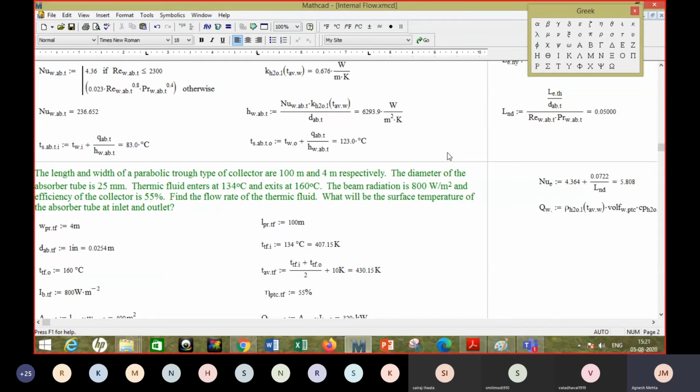Ideally, if the heat transfer coefficient is infinite, then the surface temperature also would be 134 and 160, but that can never be the case. If your h value is high, then the difference will be smaller. The tube will not get heated too much, but if your heat transfer coefficient is low, accordingly the tube surface temperature is going to be higher, right?